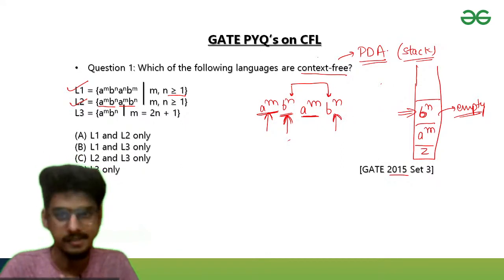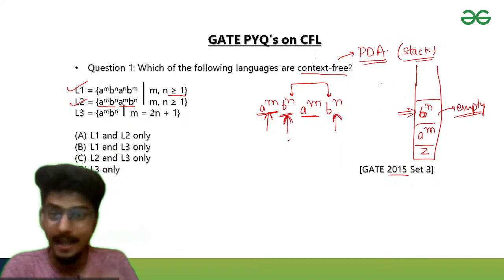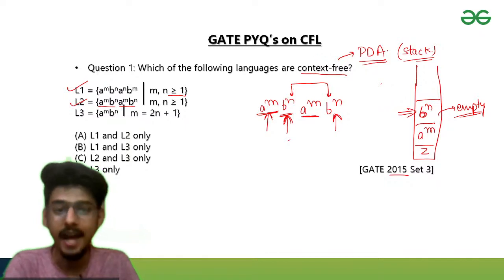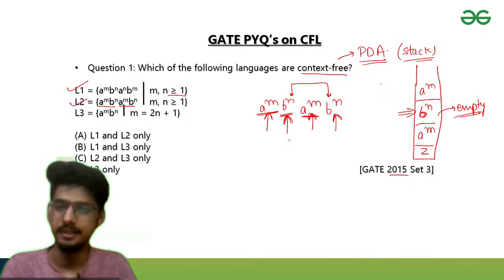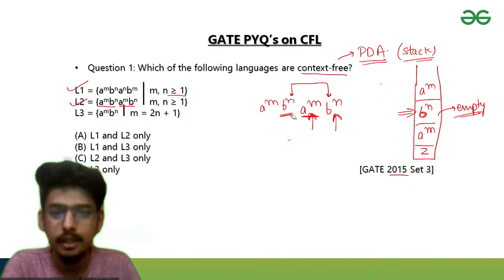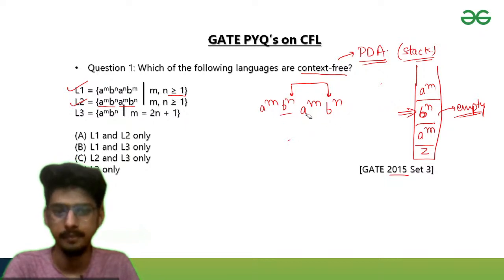So both are necessary. Pushing b^n is necessary, and having a^m at the top when you are seeing this a is also necessary, and both things cannot happen at the same time, right?